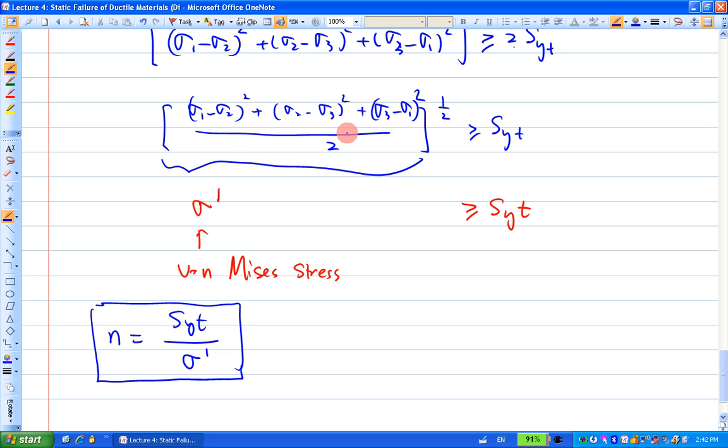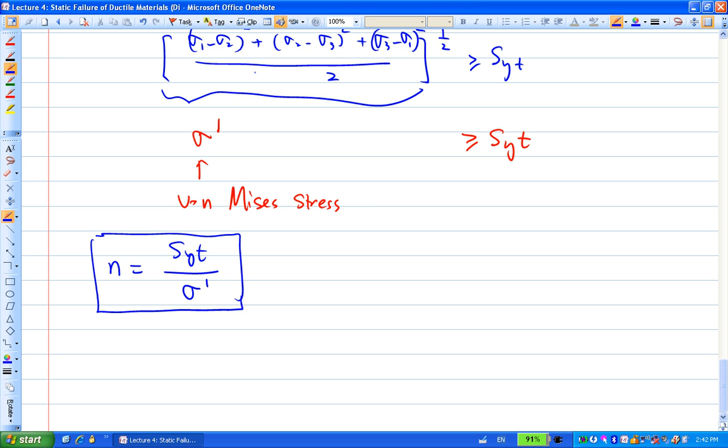But if you recall, in most cases what we deal with is plane stress. Dealing with plane stress means you only have what? You only have sigma x, sigma y, tau x,y, right? So that's plane stress. There are a couple of different versions of this formula.